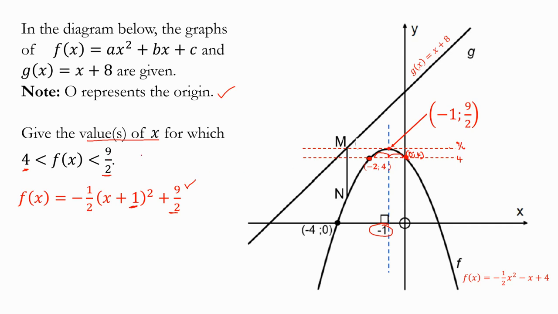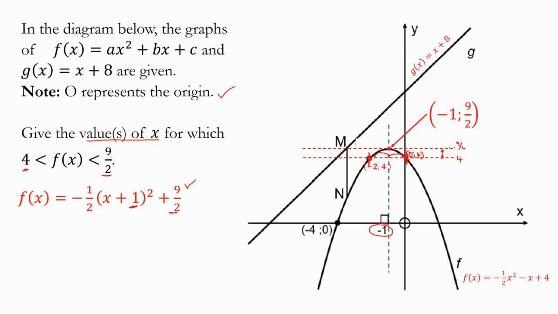So now we're saying for which values of x is the function between 4 and 9 over 2? It means from this x value up to this x value. This is where the function is between these two lines, between 4 and 9 over 2. You see that?